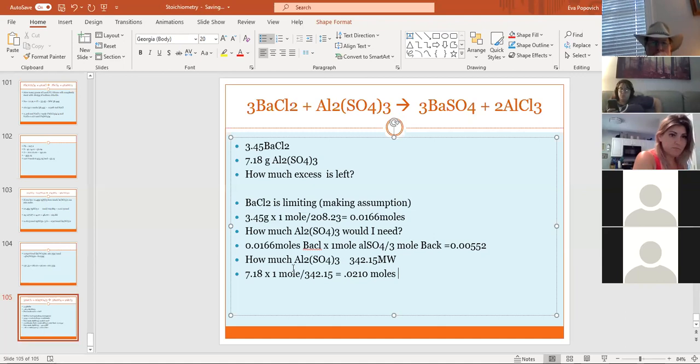All right. Do you understand this? If I have 3.45 grams of barium chloride, I need 0.00552 moles of aluminum sulfate.